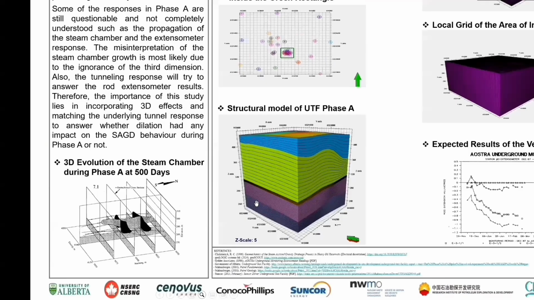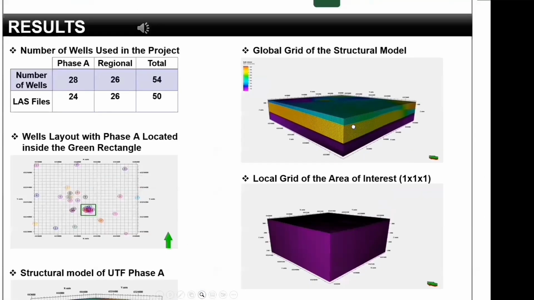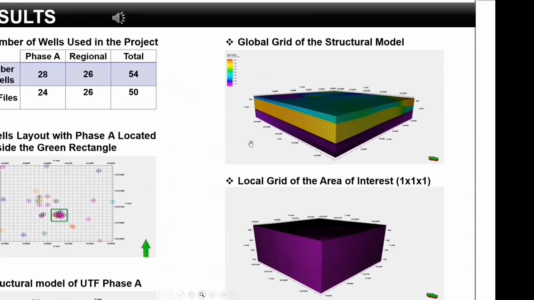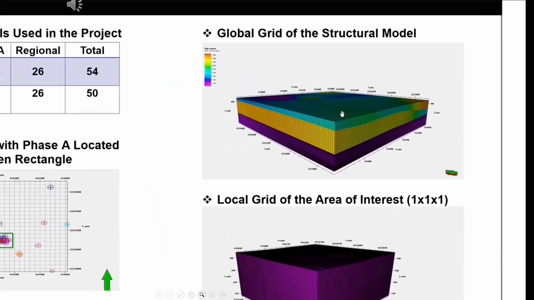So moving on to the next figure here. This figure here shows the global grid of the structural model. The legend here is the bulk volume of the grid cells. So the color distribution here represents the volume of each grid cell.